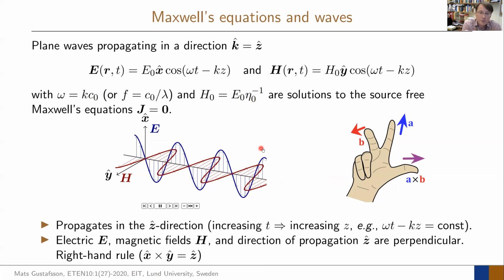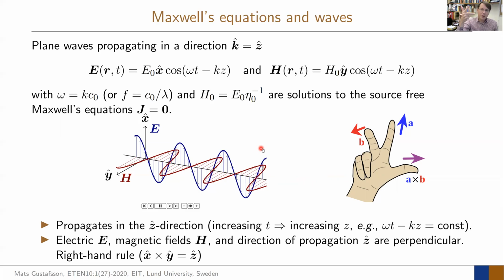And that is an important property because in this course, we will be in the far field of our antennas. And in the far field of the antennas, E and H and the direction of propagation have this property. So if I know where the wave is propagating, I know where my E field is, I know where my H field is pointing, and so on.